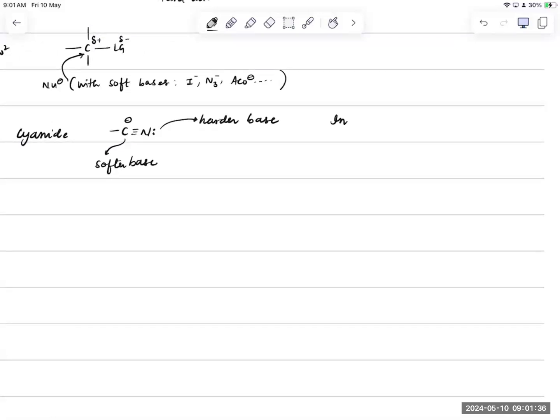Next, in the nitro NO2 group, N has a lone pair, with O minus and a double bond O. The lone pair on nitrogen is the soft base, while the lone pair present on oxygen is the hard base. Clear?